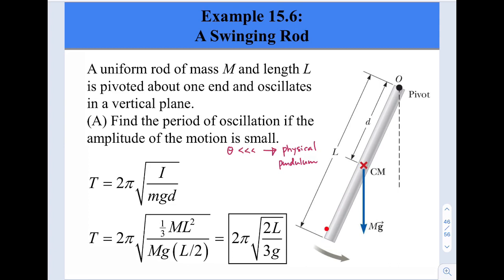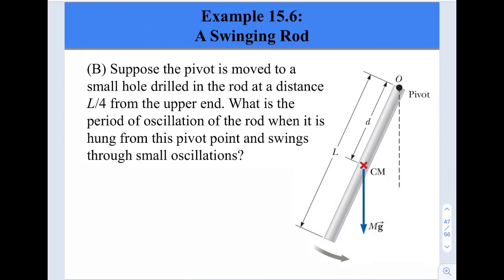And for this uniform rod pivoted at one end, its moment of inertia is 1 over 3 m L squared. How to know this? You have to refer back to the table when we talked about moment of inertia from physics 1. Then the m can be cancelled out, so you are left with this. This is the general equation for this situation.